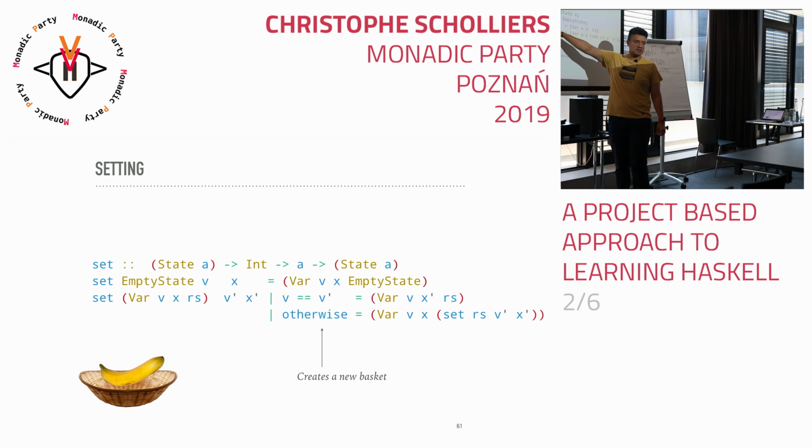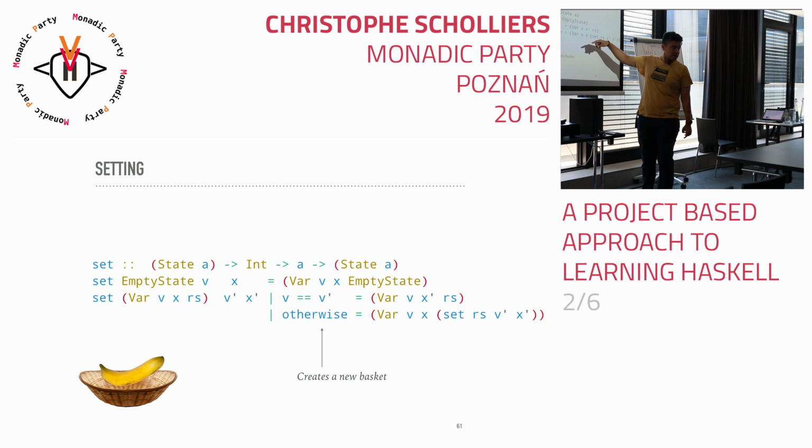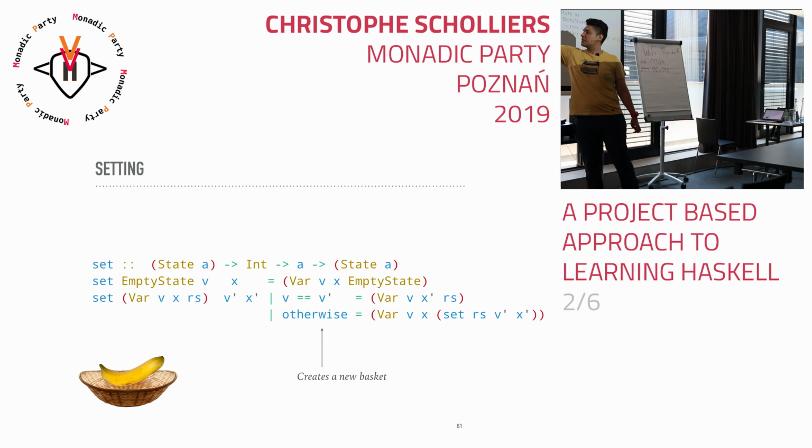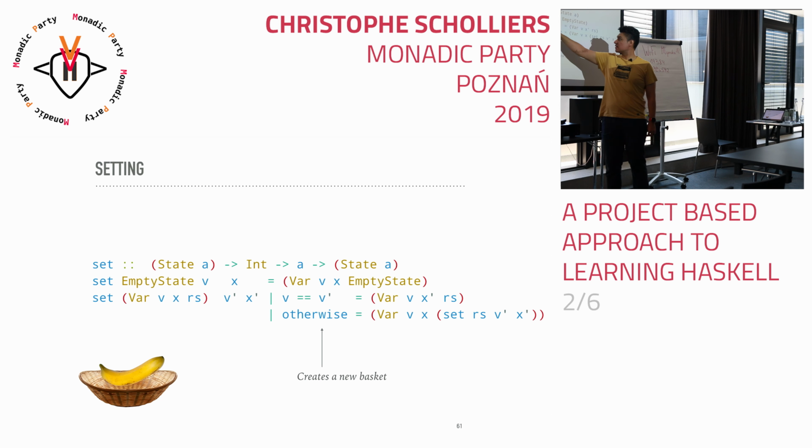We use these guards. And what this guard says is: use this branch in case that this predicate is true. So in case the address v of this variable equals the address that we want to set, what do you do?